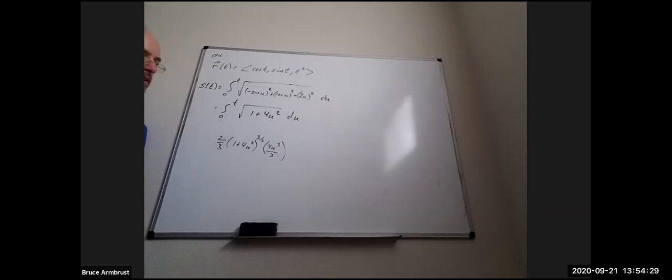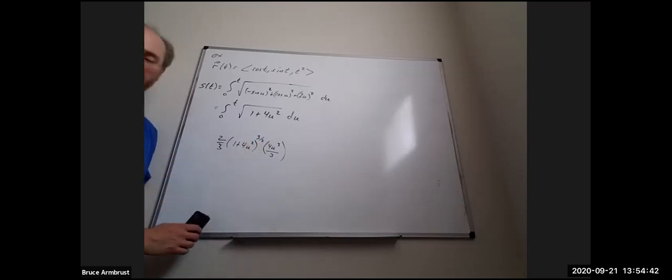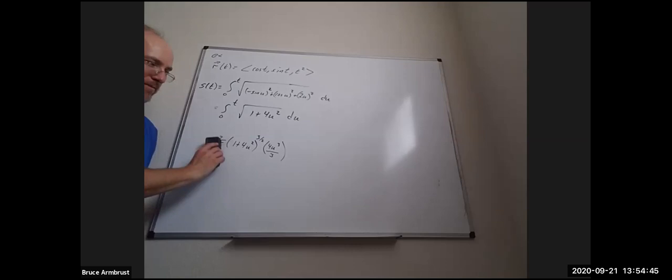How'd you come up with that? Reverse chain rule, I guess. Okay, so you're trying to do a reverse chain rule. I appreciate that, but unfortunately, that's not going to quite work.